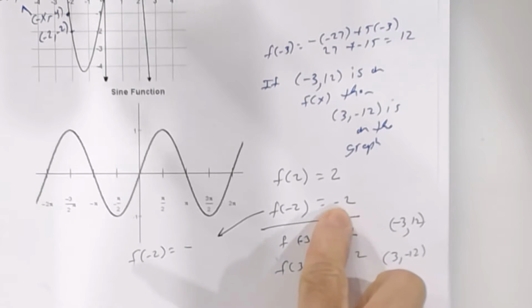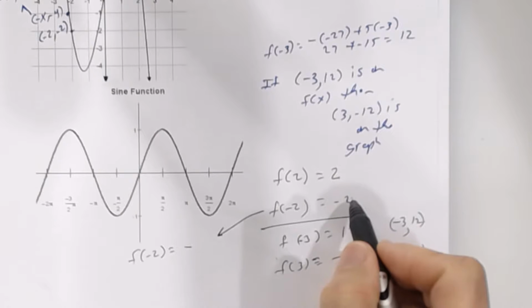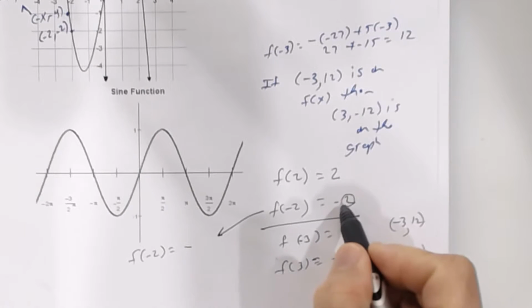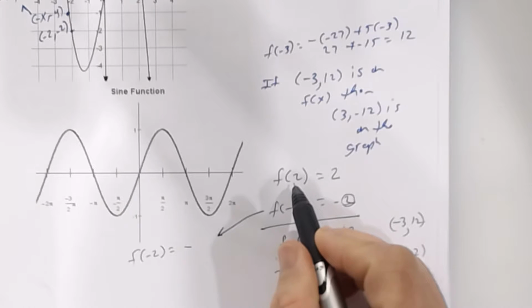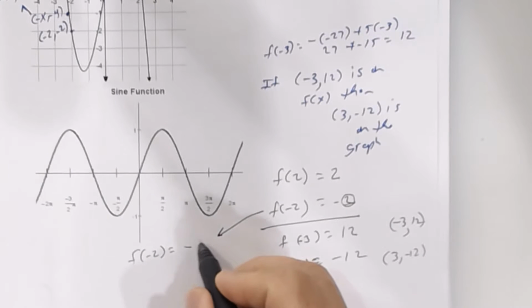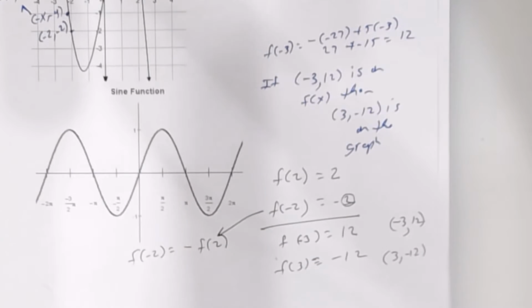See, this is negative 2 right here, right? Well, isn't that this right here, which is what? f of 2. So f of negative 2 is the same thing as negative what? f of 2.